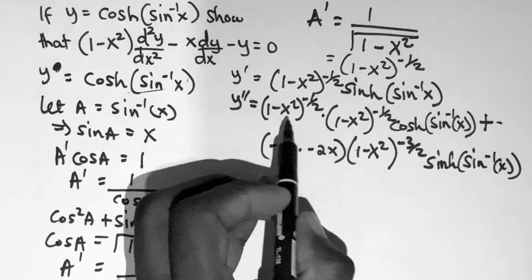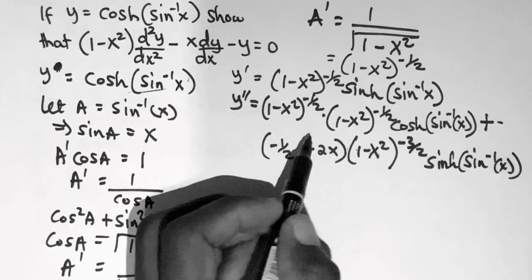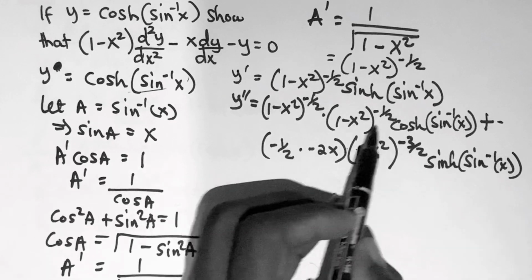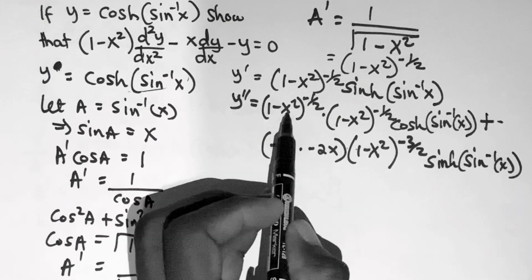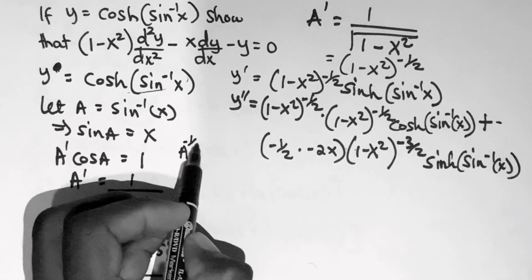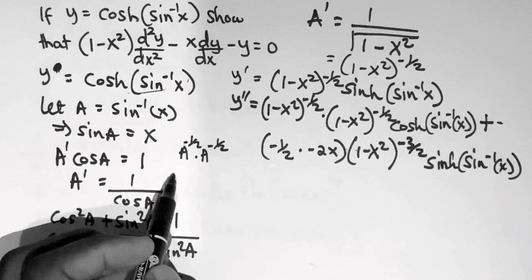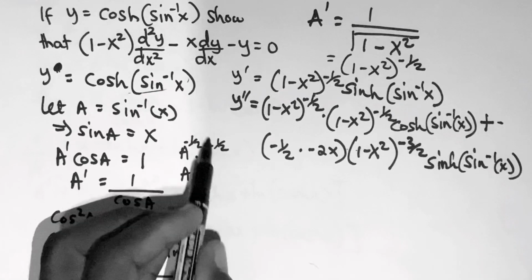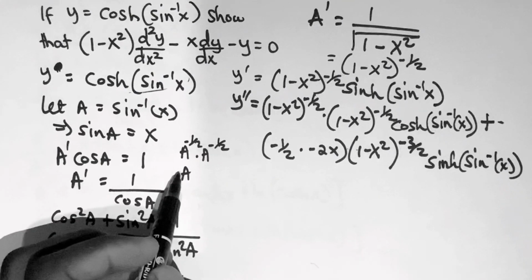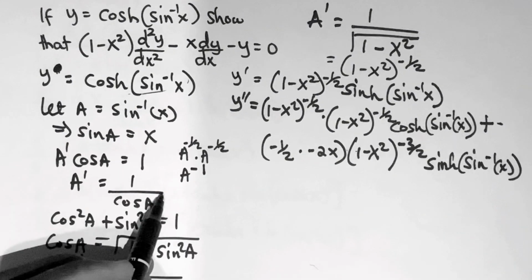So now, in putting y double prime into perspective, you will see that a exponent minus half times a exponent minus half is going to give us a exponent minus half minus half, which is the same as a exponent minus 1.